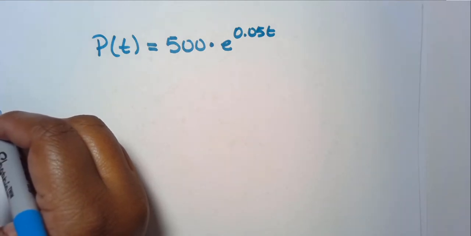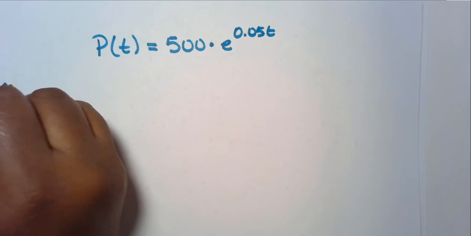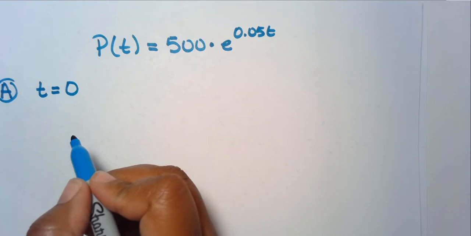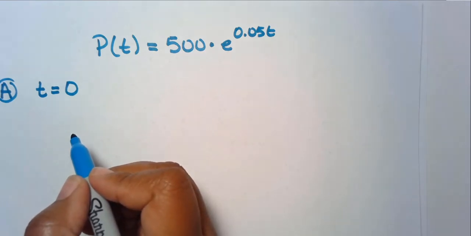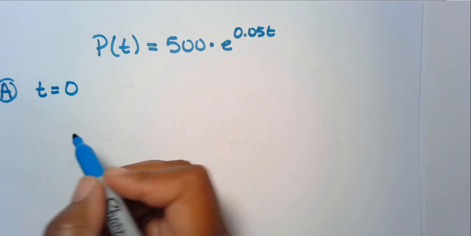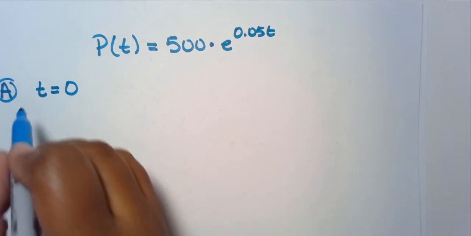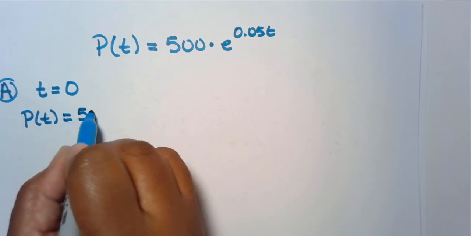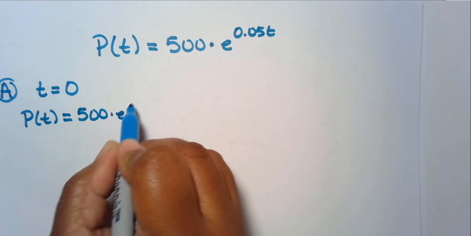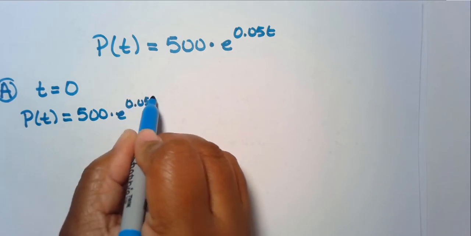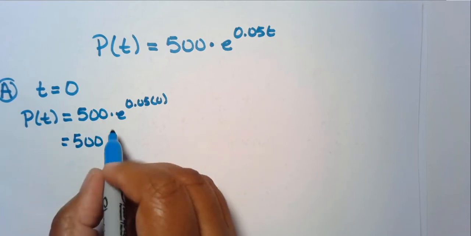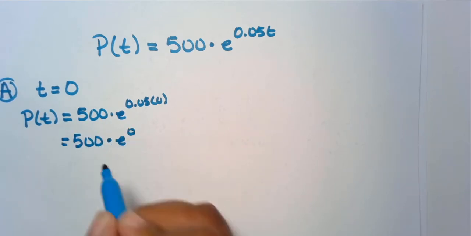Okay, so t equals 0 days. So we want to find the number of insects. So starting at 0, we have p of t. We're going to substitute 0 in for t: 500 times e to the 0.05 times 0. That would give us 500 times e to the 0 power.